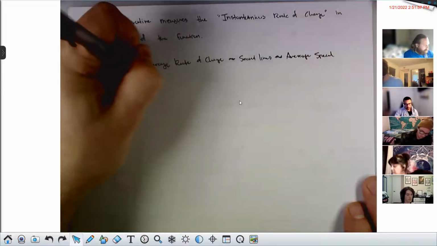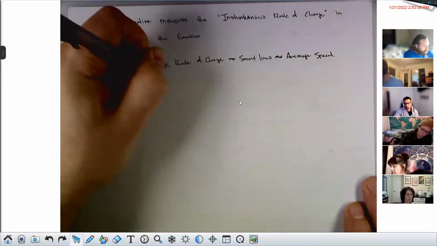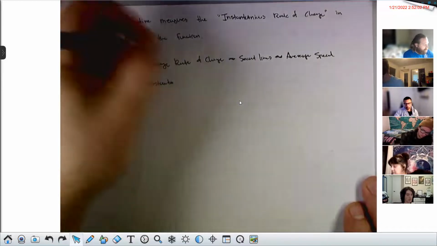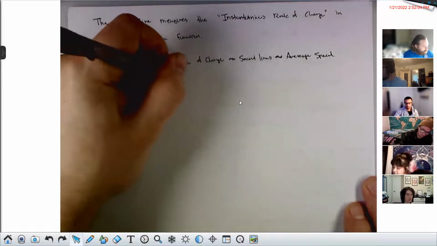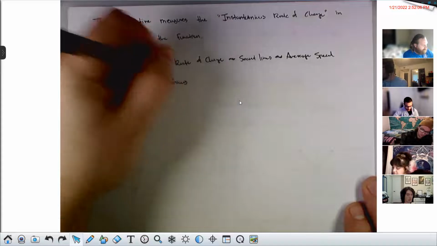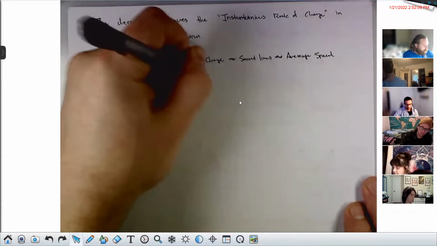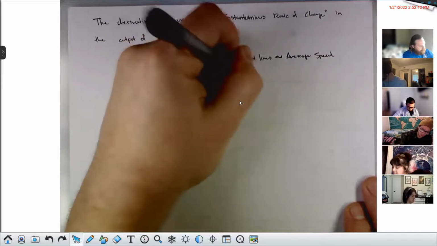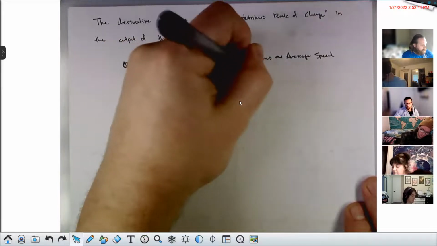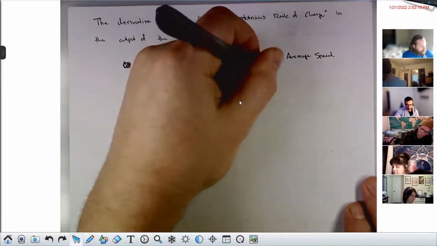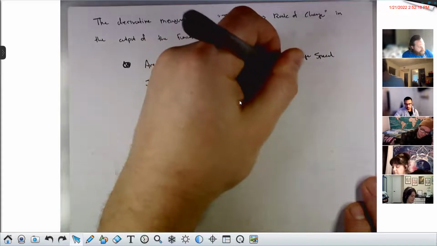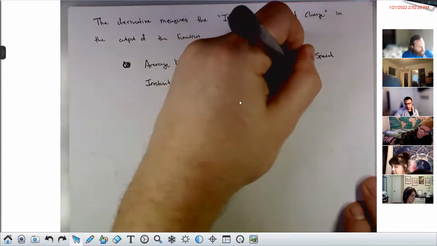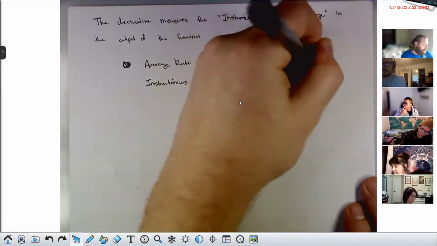The instantaneous rate of change is associated with tangent lines and is like your actual moment-to-moment speed.